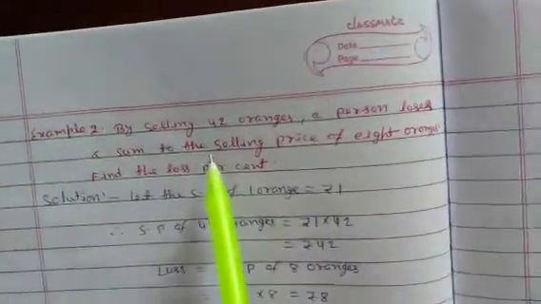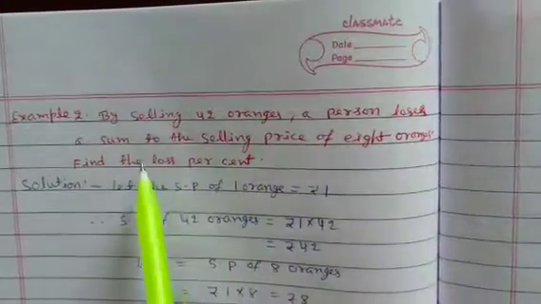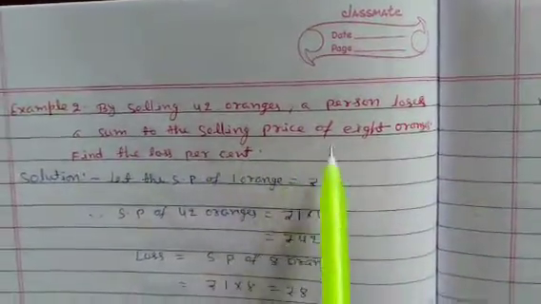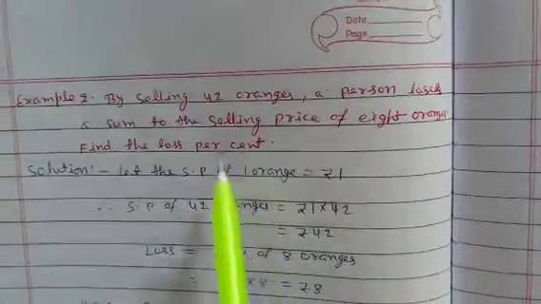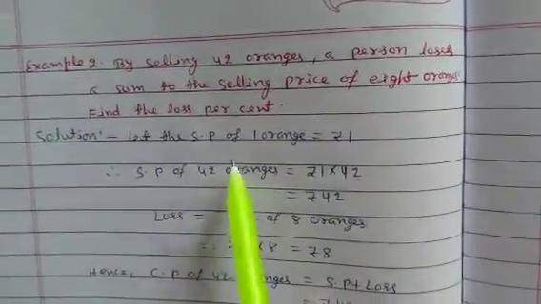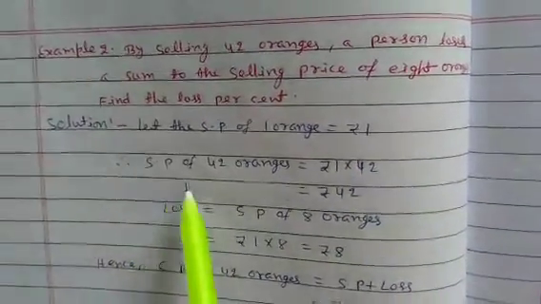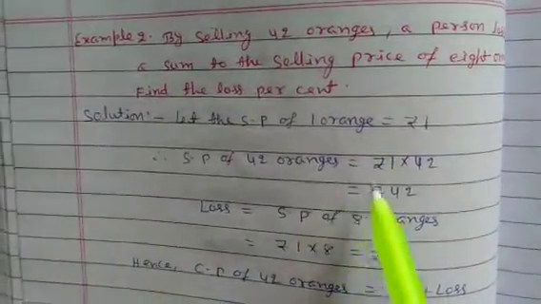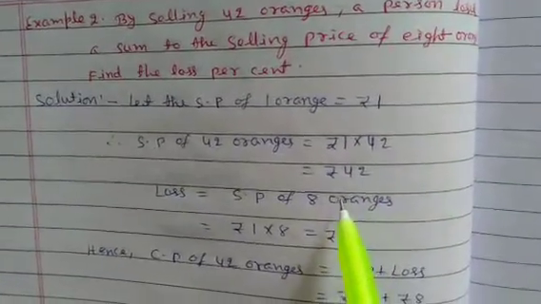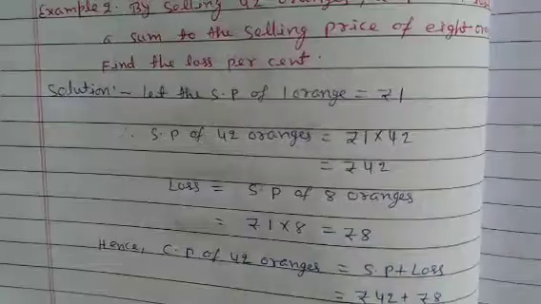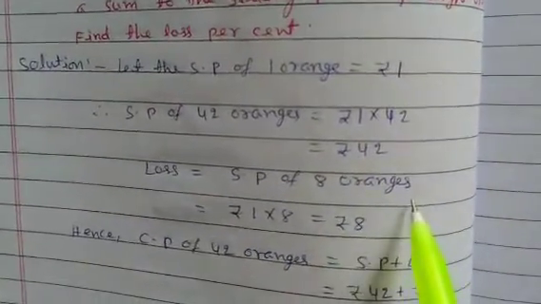Example 2. By selling 42 oranges, a person loses a sum equal to the selling price of 8 oranges. Find the loss percent. Solution. Let the SP of 1 orange be rupee 1. So SP of 42 oranges is equal to rupee 1 into 42, equal to rupees 42. Loss is equal to SP of 8 oranges, given.